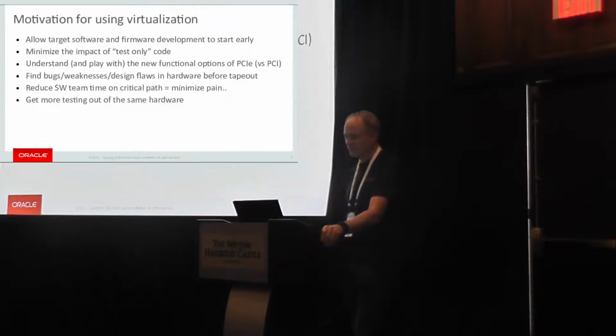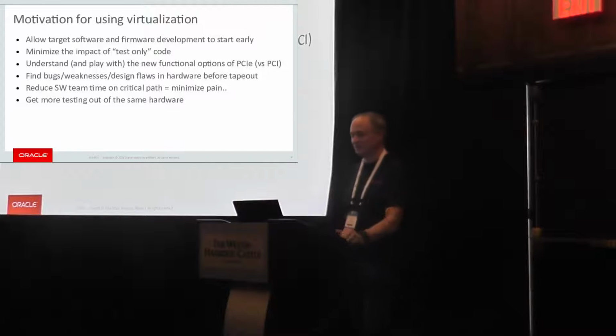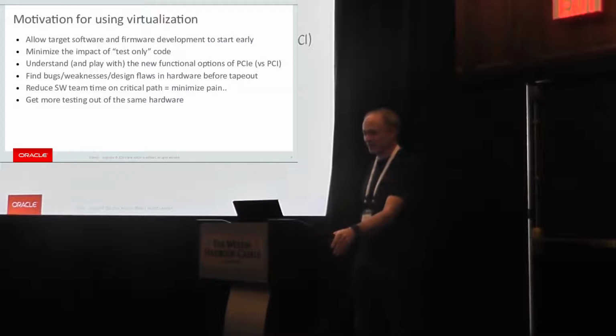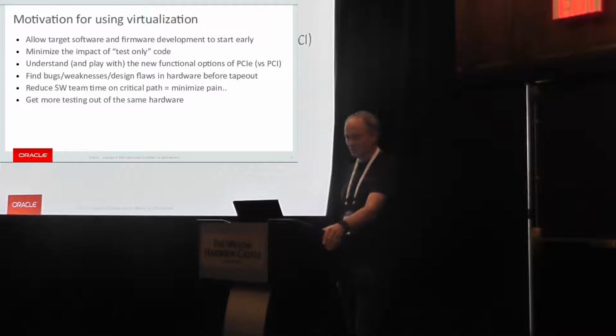So our motivation for using virtualization, of course, was to be able to start early, since we didn't have any hardware. We needed to create a fake hardware environment, and I also needed, from my understanding as a software guy, to get more insight into how PCI Express worked.